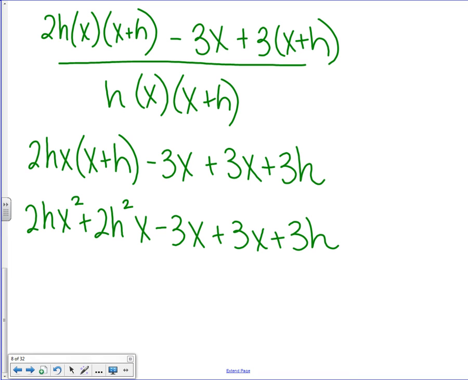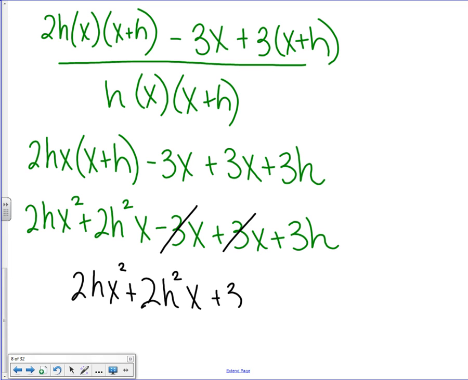And look at what's going to happen. I probably could have done this in the last step, but there we go. And now, what do I have left? That's my numerator.